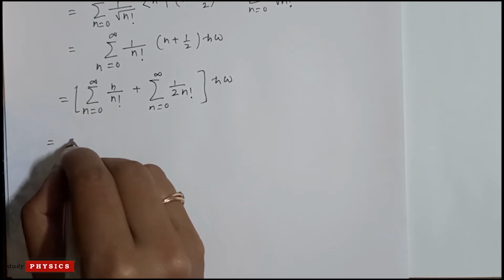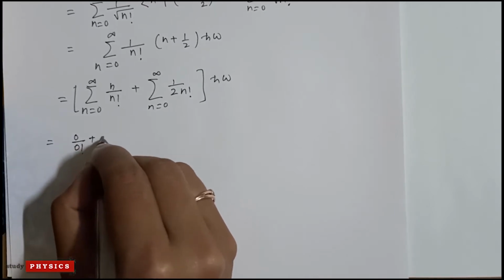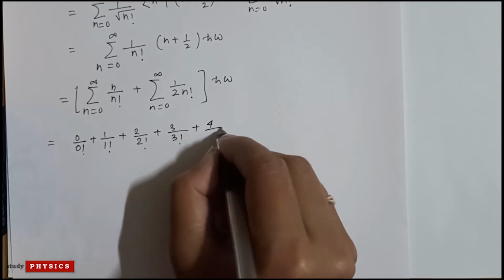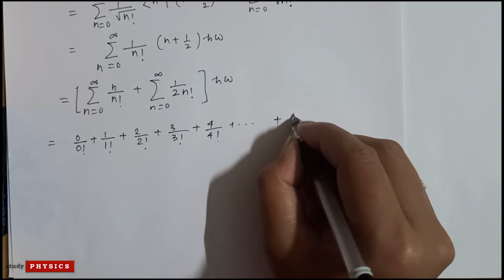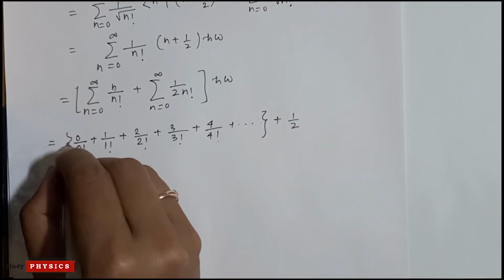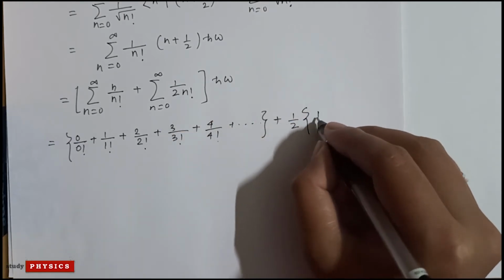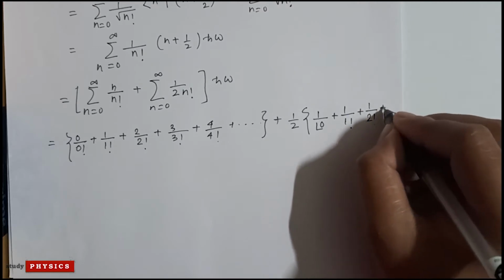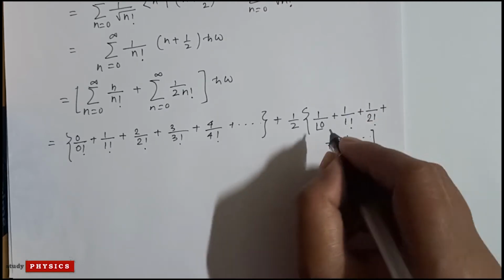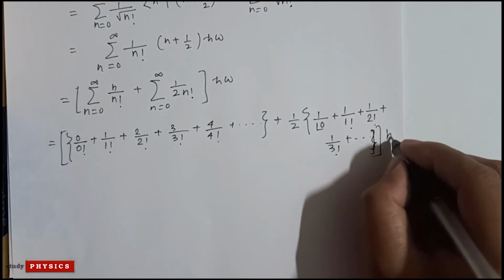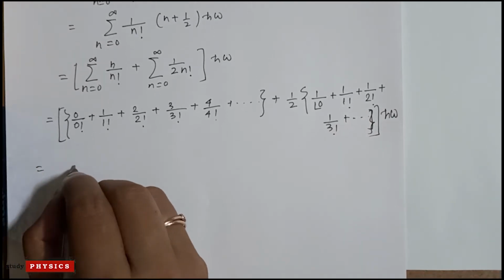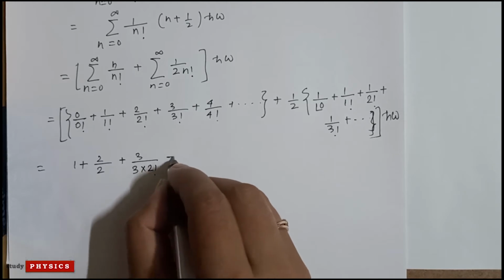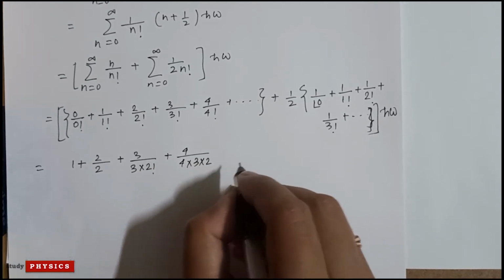First, this is 0 by 0 factorial plus 1 divided by 1 factorial plus 2 divided by 2 factorial plus 3 divided by 3 factorial plus 4 divided by 4 factorial and so on, plus one by 2 is common, so 1 divided by 0 factorial plus 1 divided by 1 factorial plus 1 divided by 2 factorial plus 1 divided by 3 factorial and so on, into h bar omega.